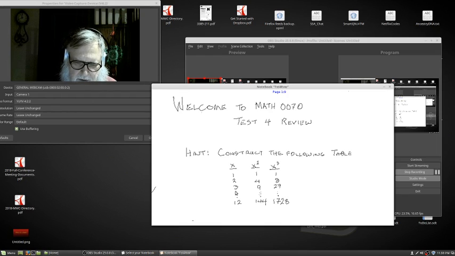You'll need to fill out 4 through 11. But when you get up to 12, the x squared is 144, and x cubed is 1,728. So that will be of use to you in solving some of these problems.